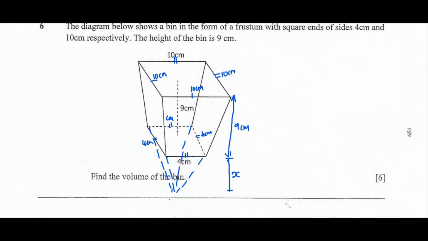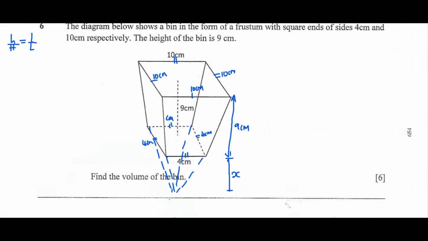So for us to find the volume of these two pyramids, first we need to find the height of the smaller pyramid. So let's begin with this. The height of the smaller pyramid divided by the height of the large pyramid is equal to, since we are dealing with squares, the length of the smaller pyramid over the length of the large pyramid.